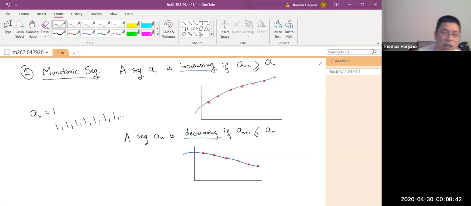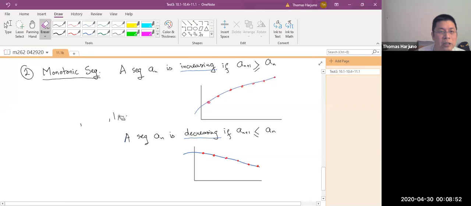So you can call it increasing with or without the equal sign, and decreasing with or without the equal sign. But I would like you to know that there is such a thing as strictly increasing and decreasing, versus ones that may be constant. Don't worry about it.